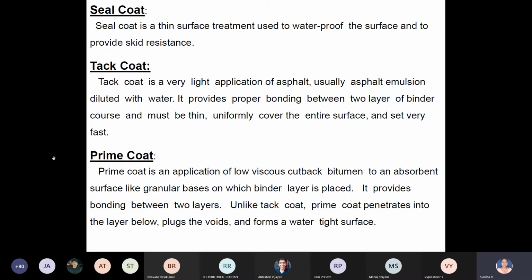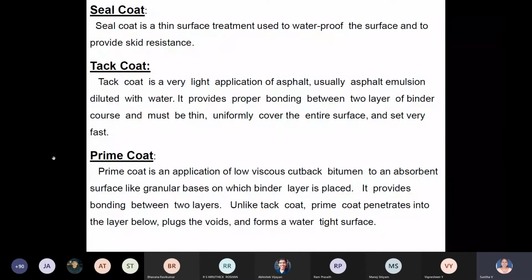Using bitumen or asphalt emulsion, as I mentioned to you, where the bitumen is mixed or diluted with water. Once you lay it, the water will evaporate, and the bitumen, being charged particles, will join together to form a thin layer.